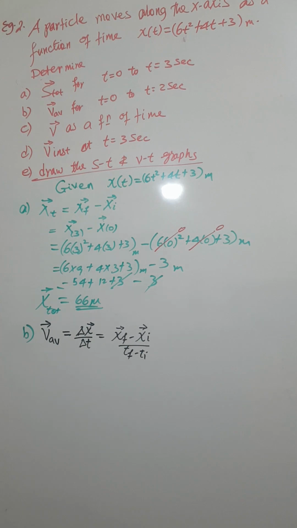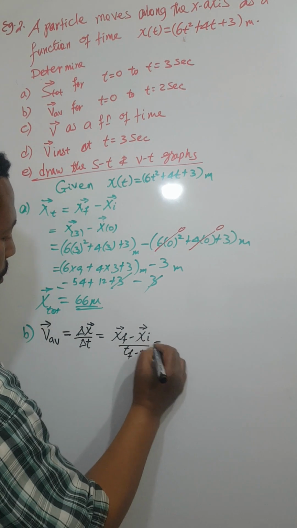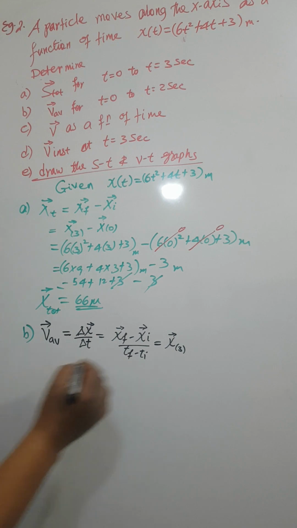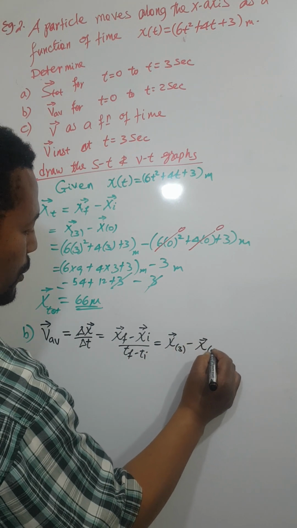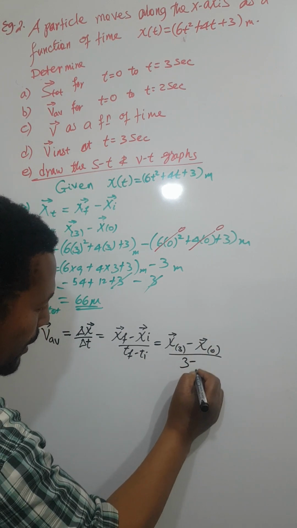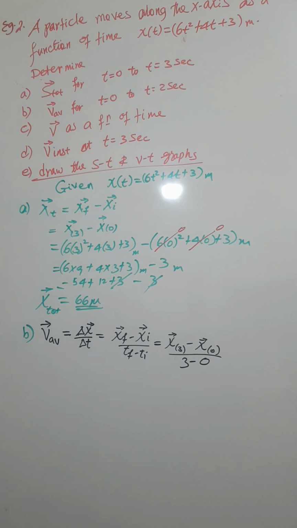But what is our x final and what is our x initial? So this is equal to x at a time of 2 seconds minus x at a time of 0 second, divided by our times, 2 final minus 0. So what is the position of the object when the time is 2 seconds? And what is the position of the object when the time is 0 second? Okay, that is our big question.